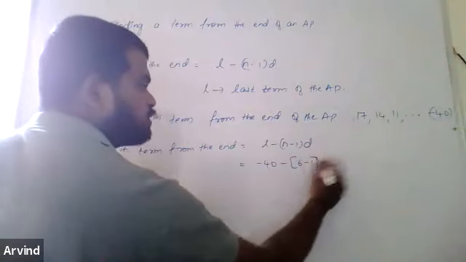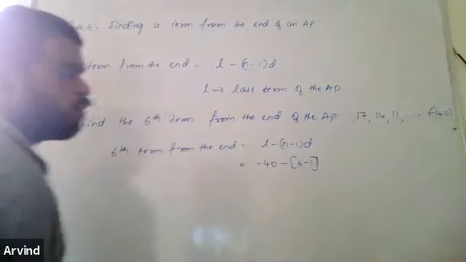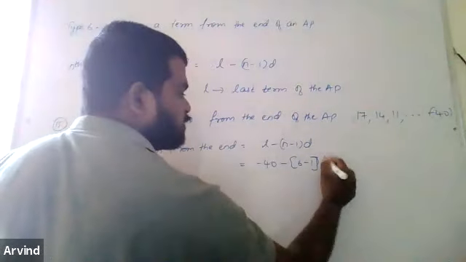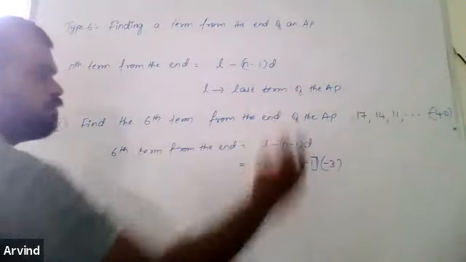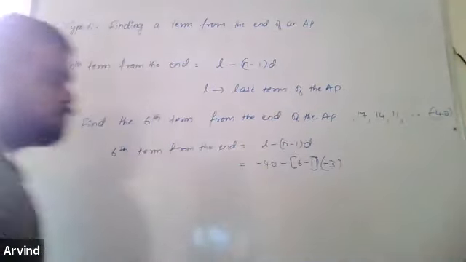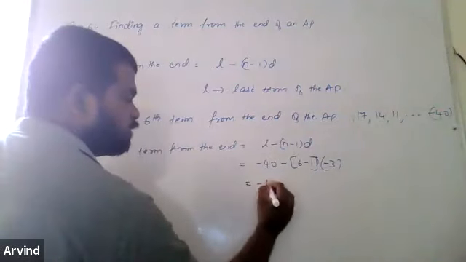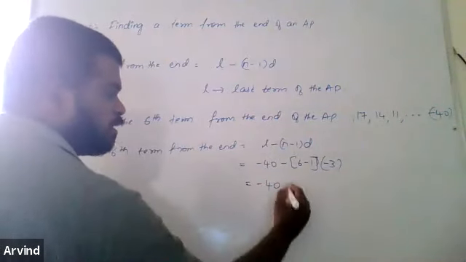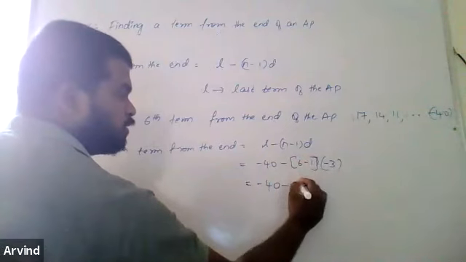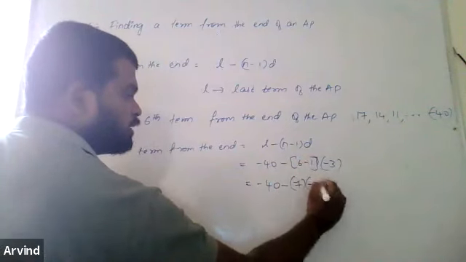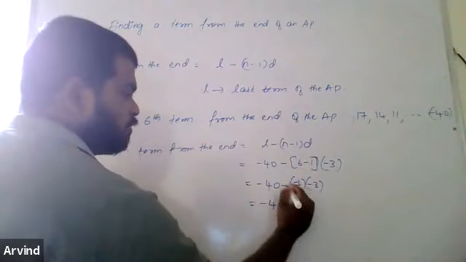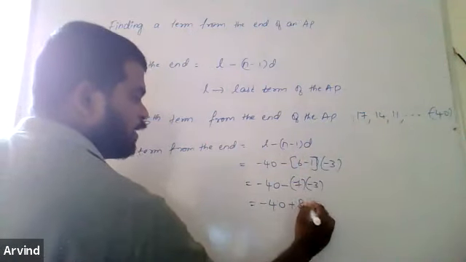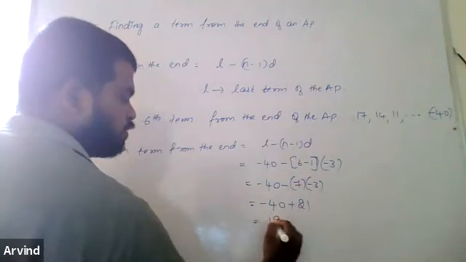Your d value is 14 minus 17, which is minus 3. We are not reversing it. Since we have derived the formula, we'll be using the original AP itself. So minus 40 minus 6 minus 1 is what? 7 minus 3. So minus 40, minus into minus is plus, 7 3s are 21, which comes out to be negative 19.